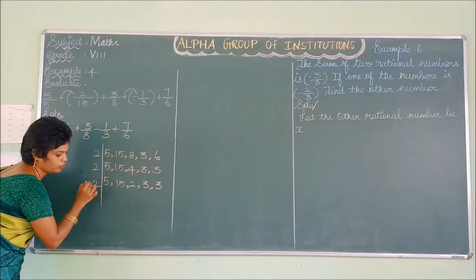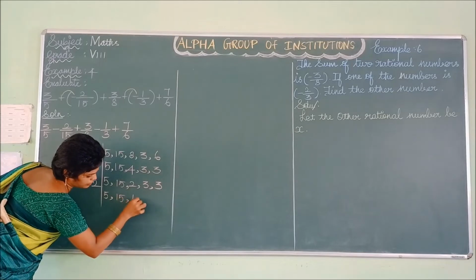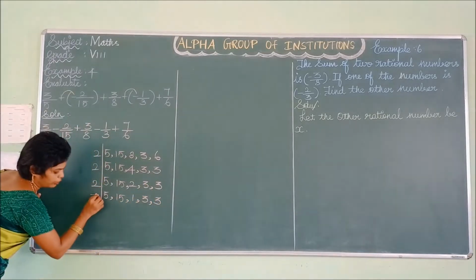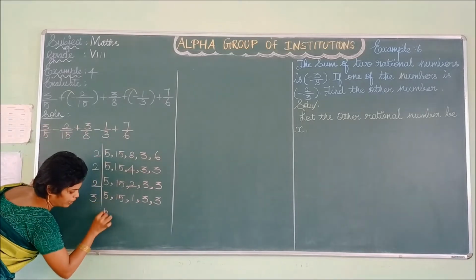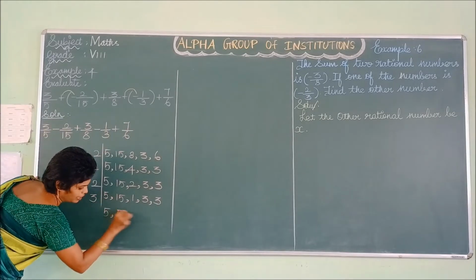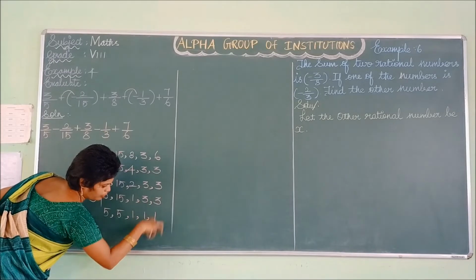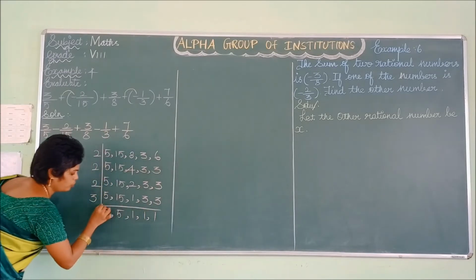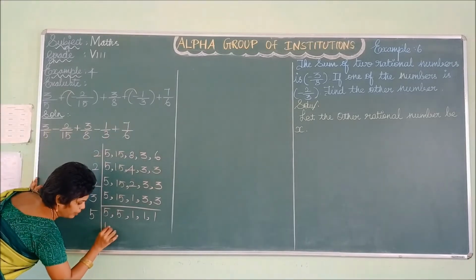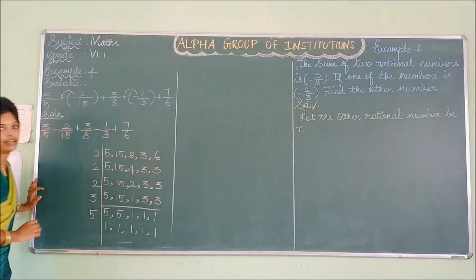Again 2 is here, so we can do it with the 2 table. Other numbers as they are. Now 3 is here, so we can do it with the 3 table. Does 15 come in the 3 table? Yes, 15 is 5 times 3. Then 1 three is 3, 1 three is 3. Now 5 is the final value, so we can do it with the 5 table. 1, 1, 1. Now you get all the values as 1.